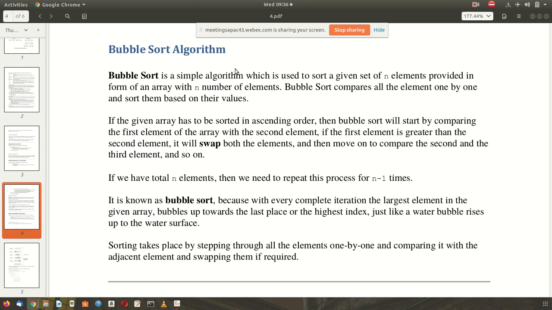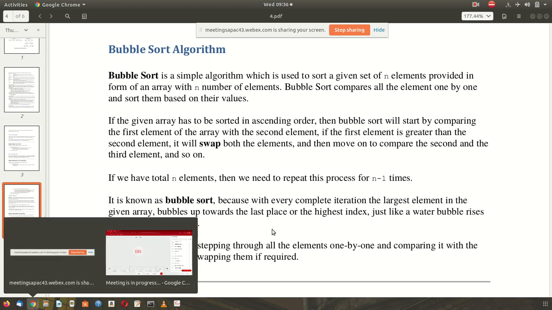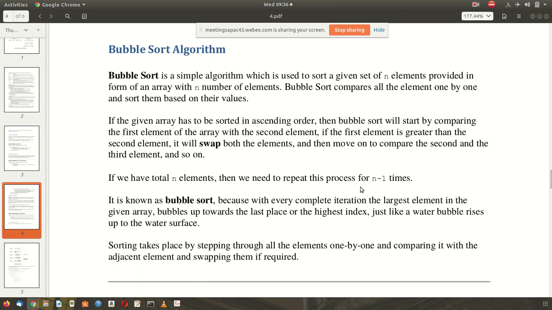So we have to find a solution: when a set of items is given, how to make them in serial order. To find this, an algorithm. Algorithm means it is a step by step procedure.